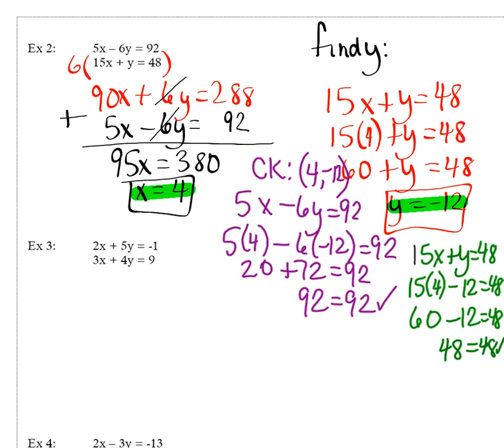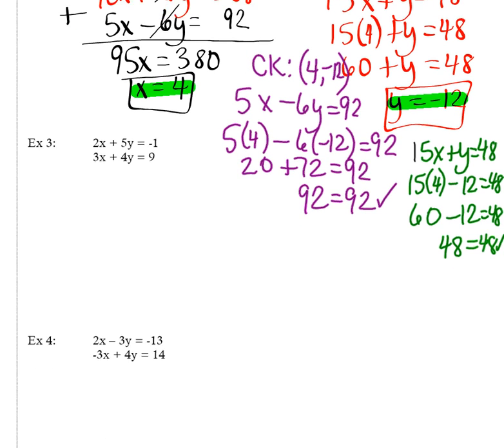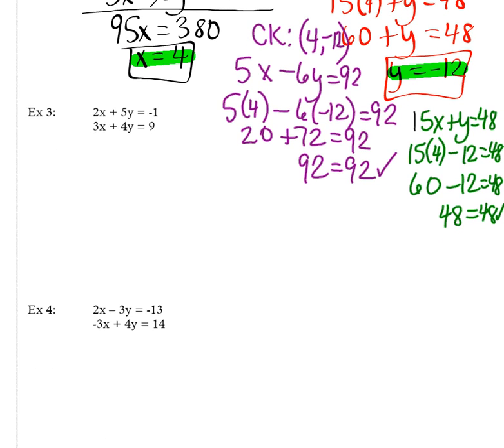Okay, so I would like you to try example 3 on your own. So why don't you pause here, try this on your own, and then come back. So pause the video, come back, and see if your answer matches mine. Welcome back. Okay, so let's go through this together.